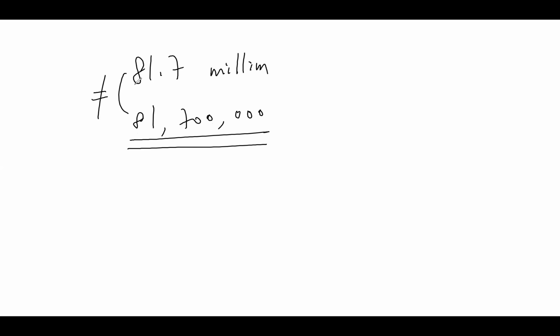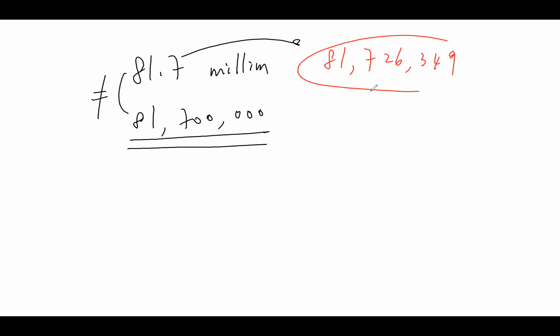However, if I write 81.7 million, then it could mean 81,726,349. This is the idea about the difference between 81.7 million and 81,700,000. This is the approximation. This is the exact.